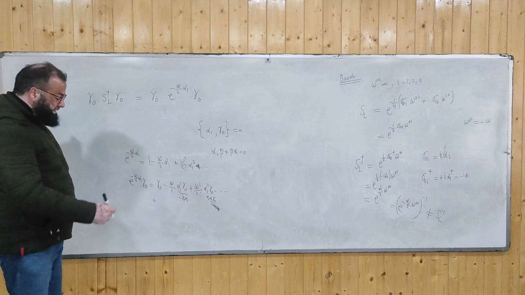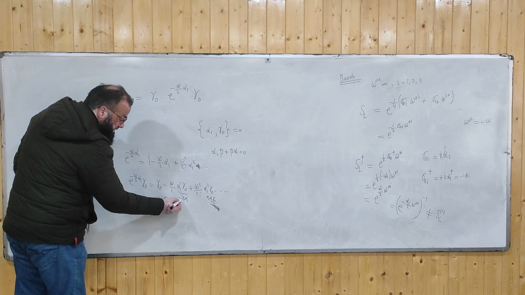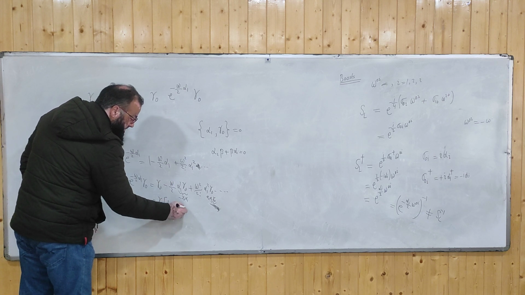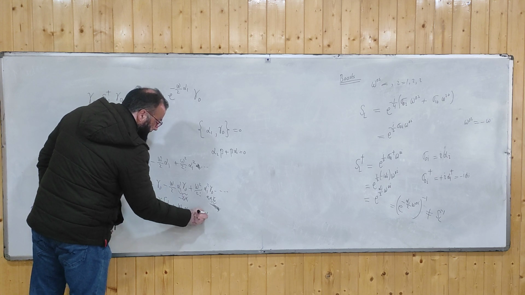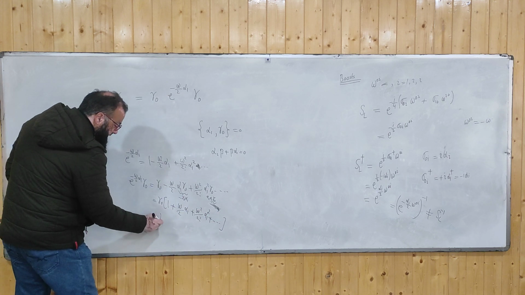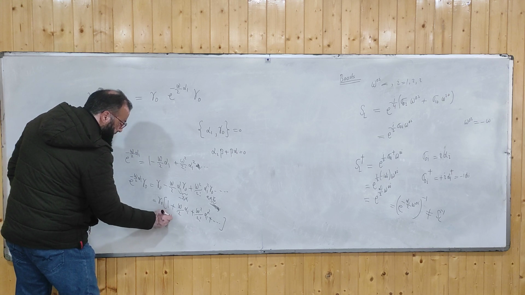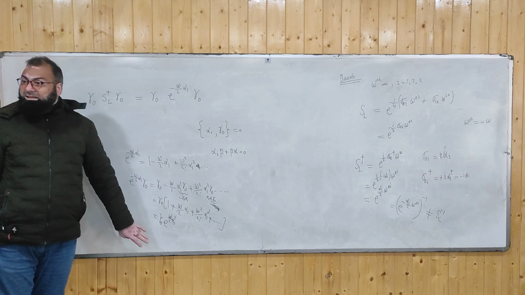Clear? So that gamma naught I will take out. So what remains? 1, and this minus and minus becomes plus omega by 2 alpha 1 plus omega square by 2 factorial alpha 1 square plus and so on. So what is that? E raised to the power omega by 2 alpha 1. Got it?